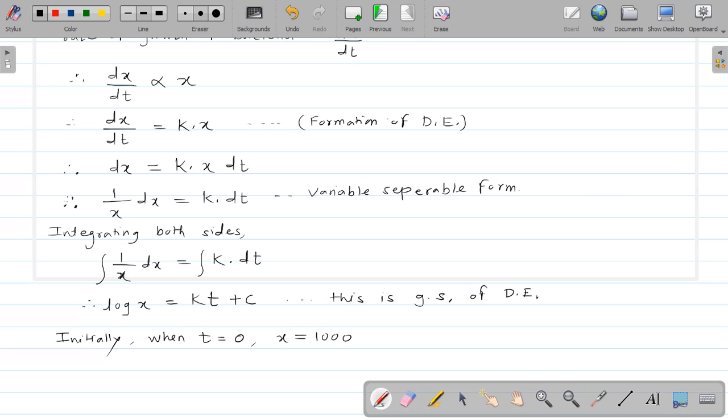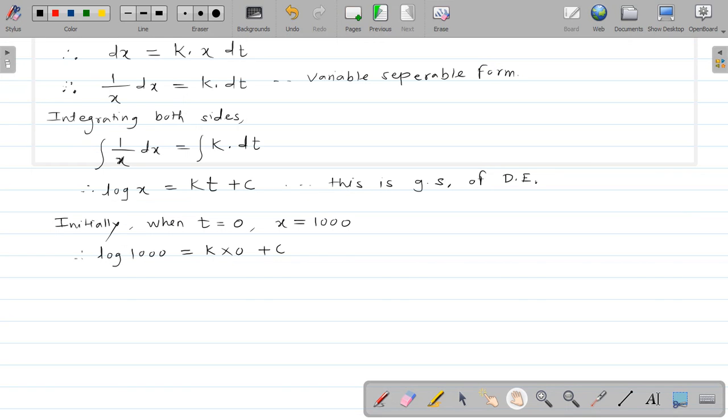Now if you put this value in the obtained general solution, we get log of 1000 is equal to k into 0 plus c. Hence we get the value of c: c is equal to log of 1000. After using the initial condition, you will always get the value of c.